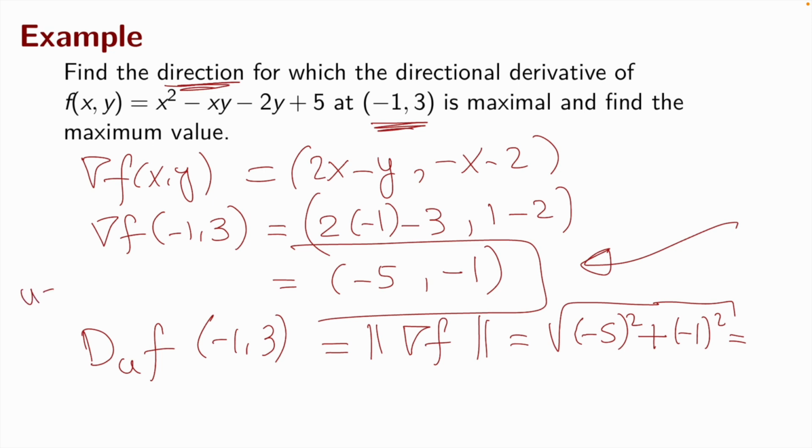But now u is the gradient of f at (-1, 3), so it's this particular direction u. This is going to be the norm of the gradient, which is just the root of 26. So this is the maximal value of the derivative.